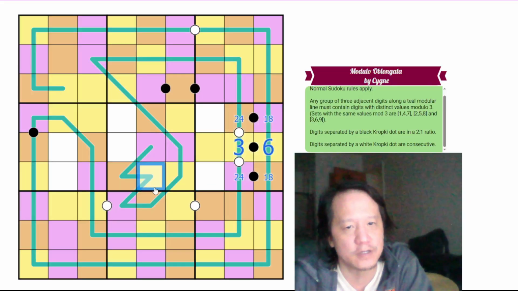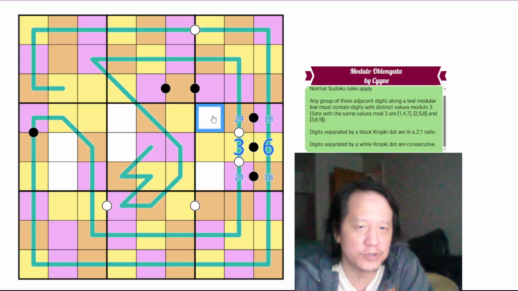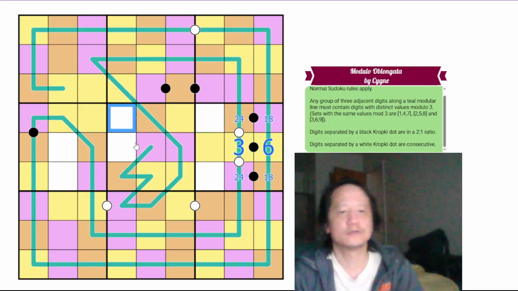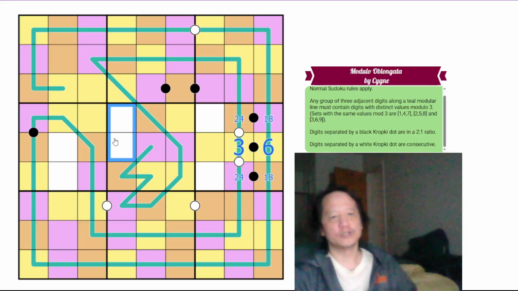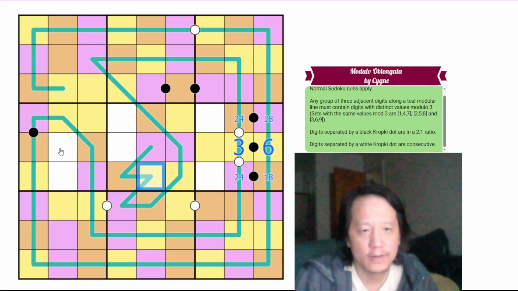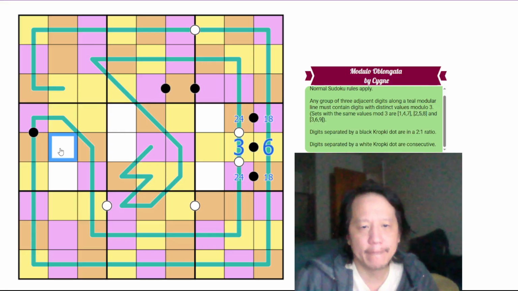So that's yellow. And the rest are orange and pink pairs. But we don't know which is which. Okay. So this is orange or pink, and orange or pink.